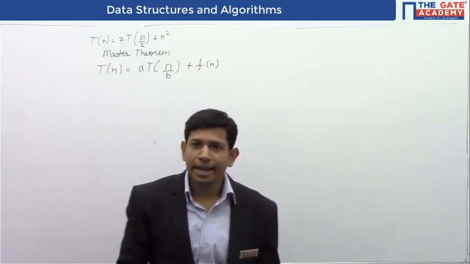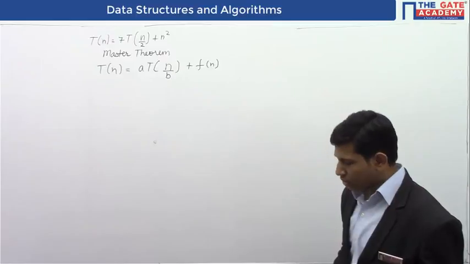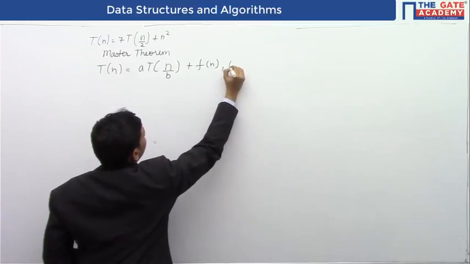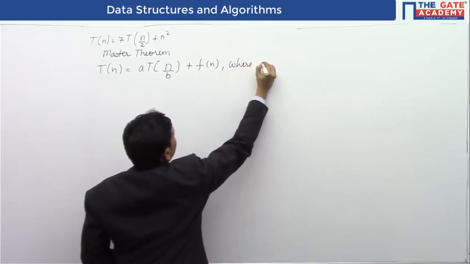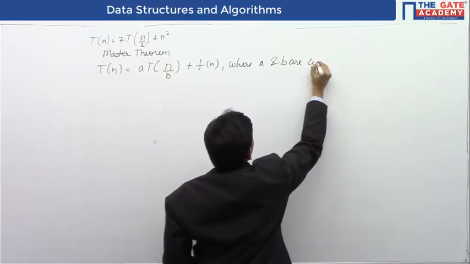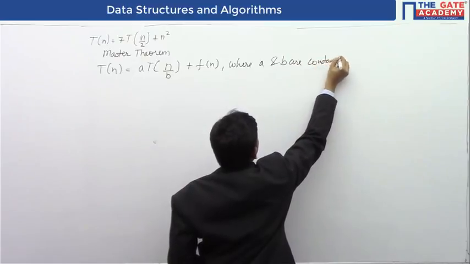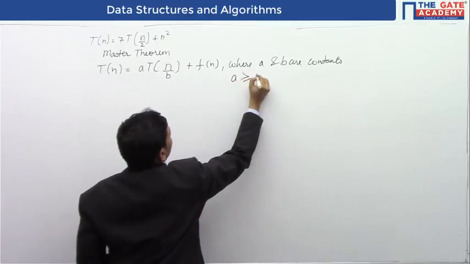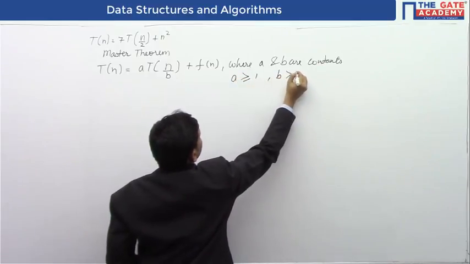Here A and B are constants, where A is greater than or equal to 1 and B is greater than 1.